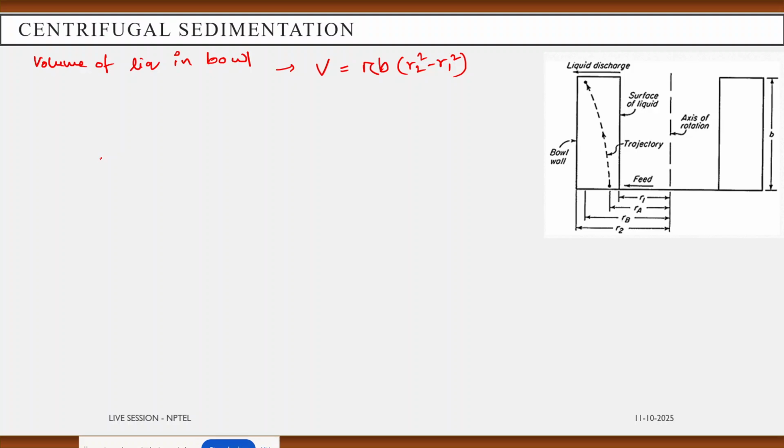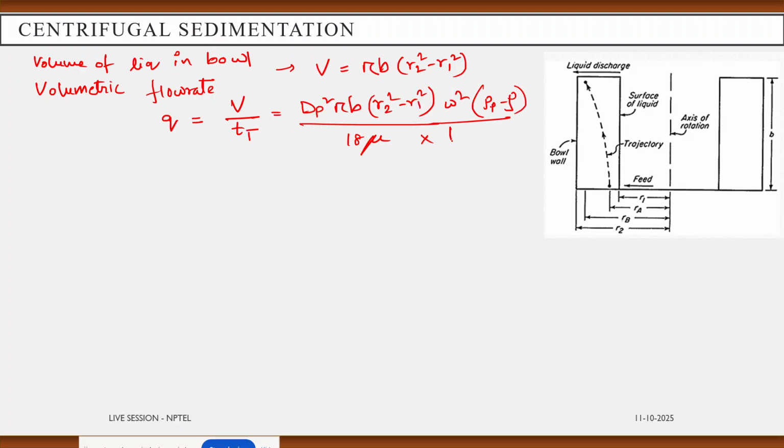The volumetric flow rate becomes Q equals V by T, that is dp square pi b R2 square by 18 mu, omega square, (rho p minus rho) by ln of Rb by Ra.